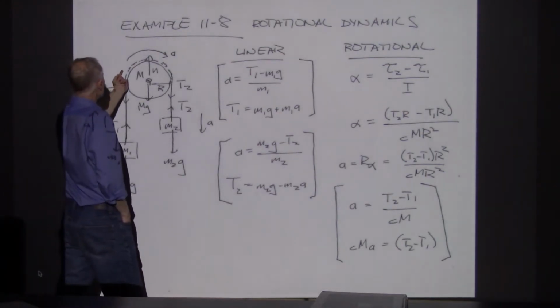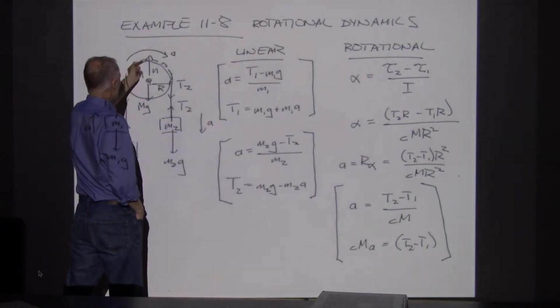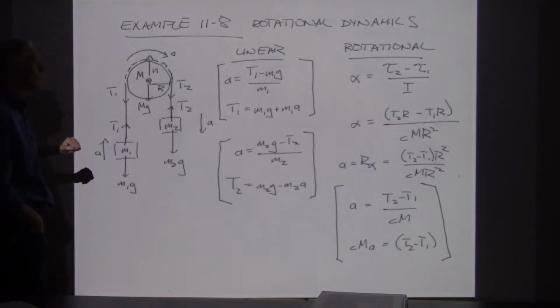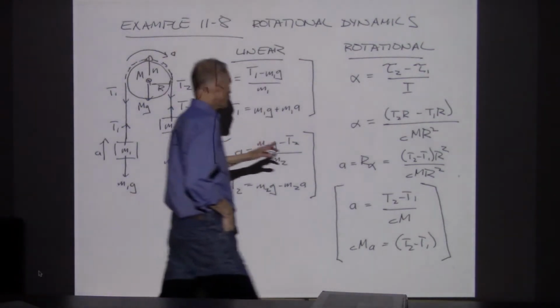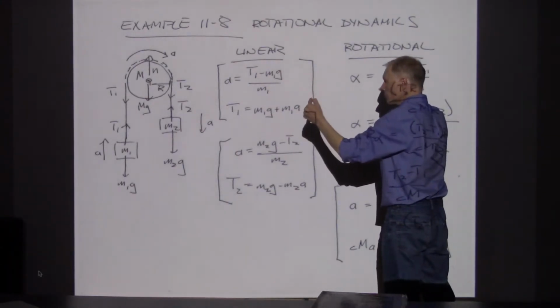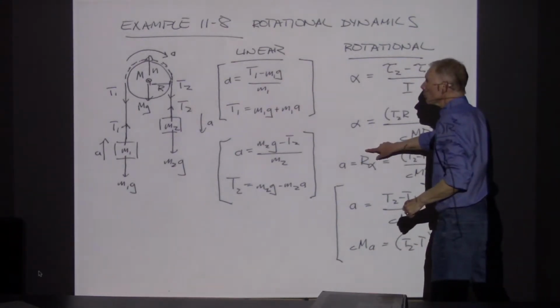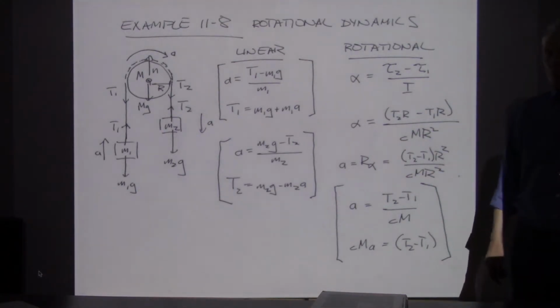But we'll say that this is a tangential acceleration along the edge, and we've got to see how we're going to bring these formulas together. Okay, so right here, the tangential acceleration along the edge of the pulley is going to equal r times the angular acceleration of the pulley.